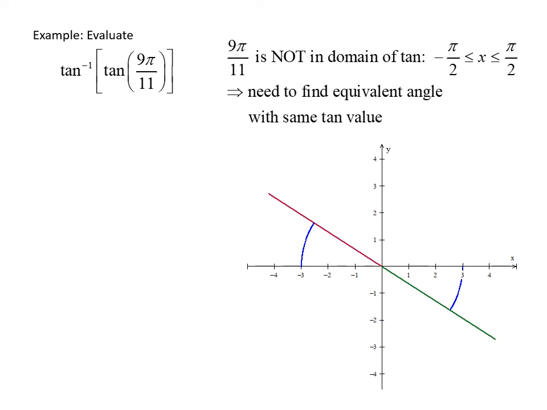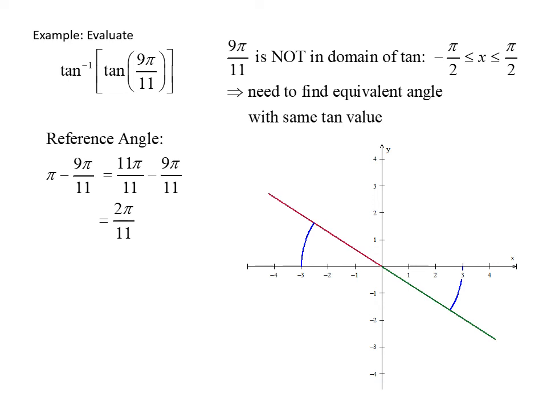So to find our reference angle, we're going to do pi minus 9 pi over 11. If I rewrite with a common denominator, that'll be 11 pi over 11 minus 9 pi over 11. So that gives us 2 pi over 11. So this angle is 2 pi over 11.